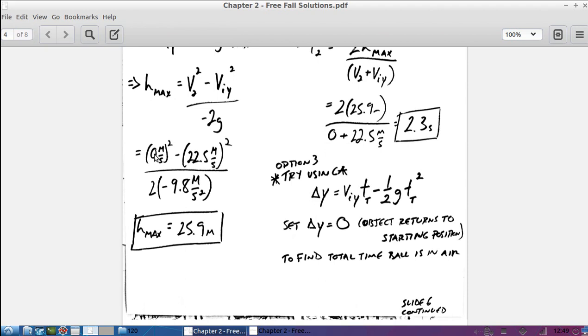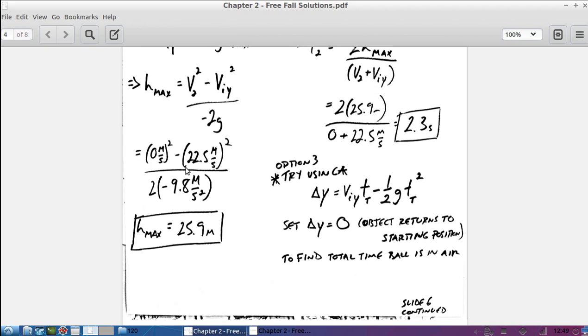Substitute everything in: 0, 22.5 for V initial, the negative sign, 2, 9.8 meters per second squared. So again, I'm getting a negative sign here. This minus V initial y squared, this negative sign is not contained in this term.